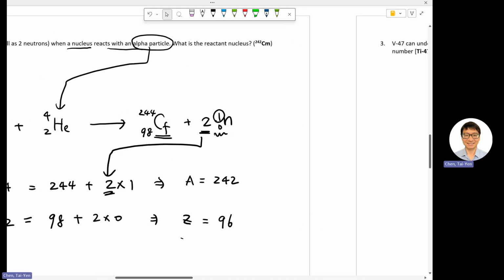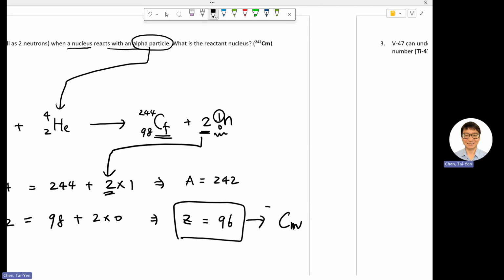So once you find out your Z is 96, you can go back to your periodic table and check the atom with 96 protons. When you check it, you'll realize it is Cm, right?